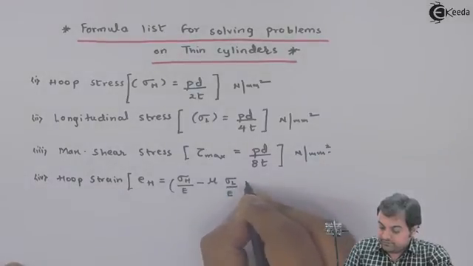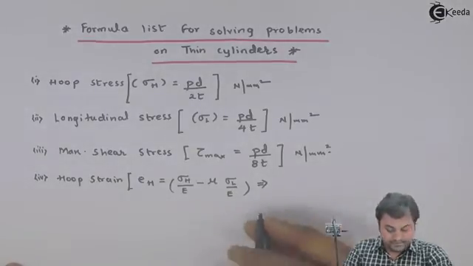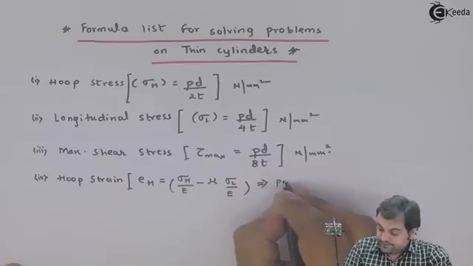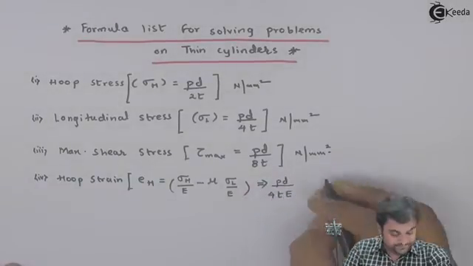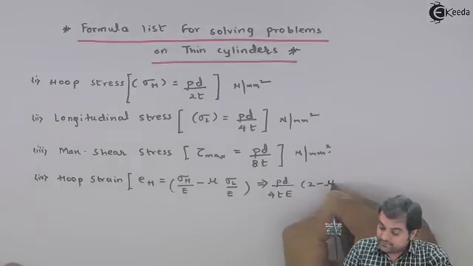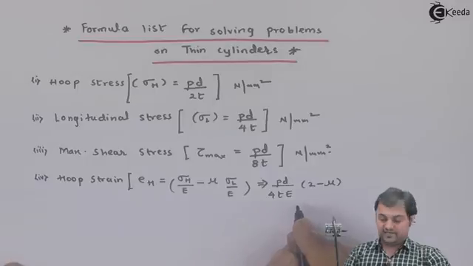This whole formula can be reduced into one form, and that is PD upon 4TE into 2 minus mu. So this is the hoop strain formula which we have.